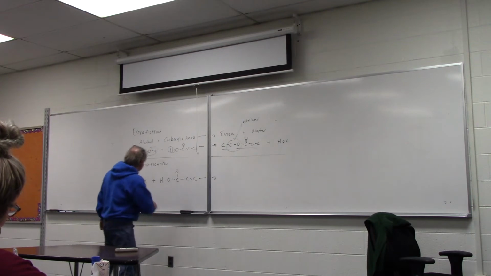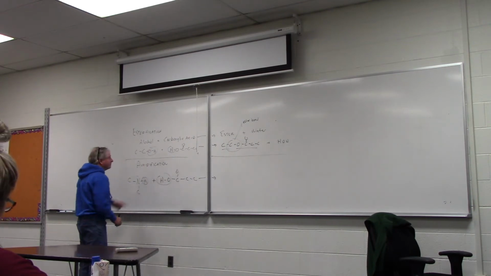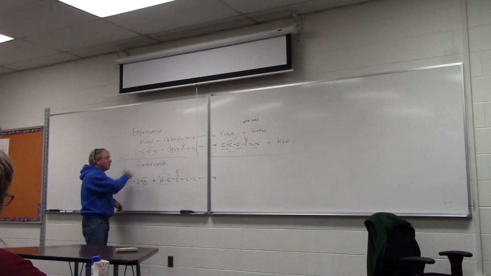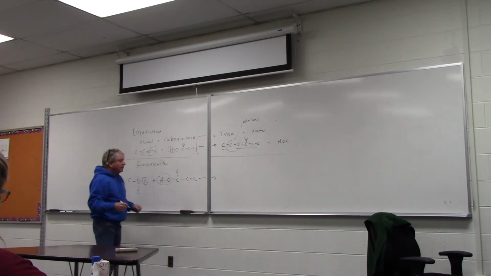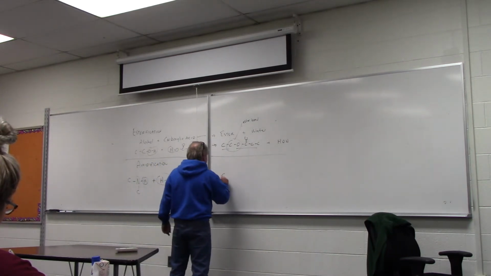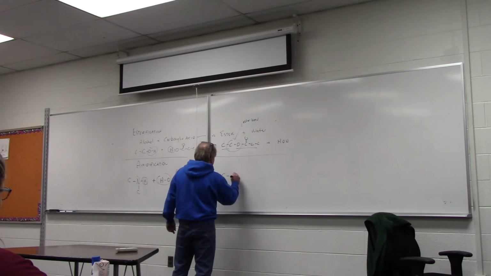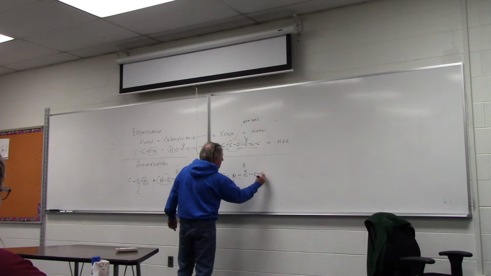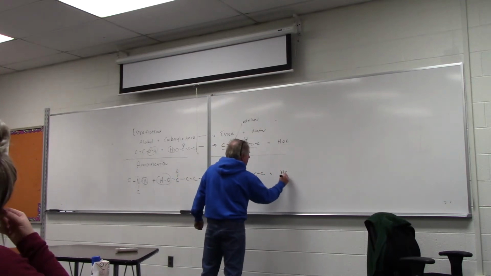And so what happens is you get pop-off water, and this does it a little bit different here. The OH came from here instead of over here. Don't forget the water.